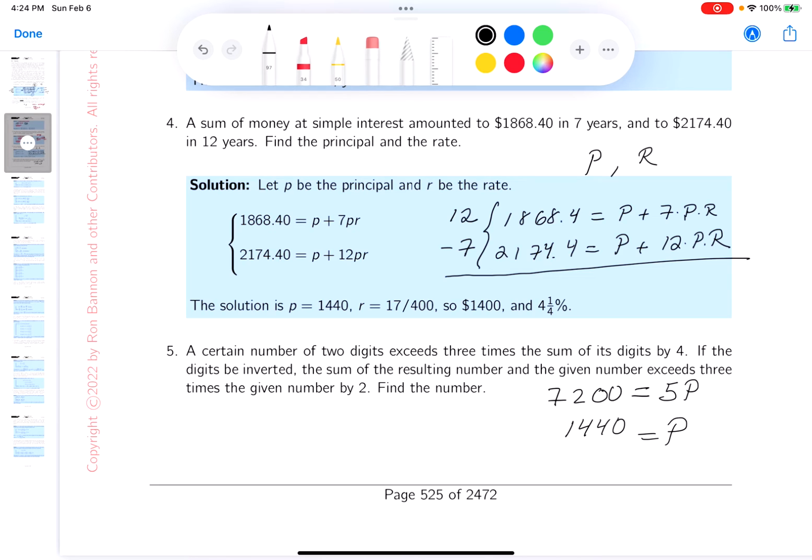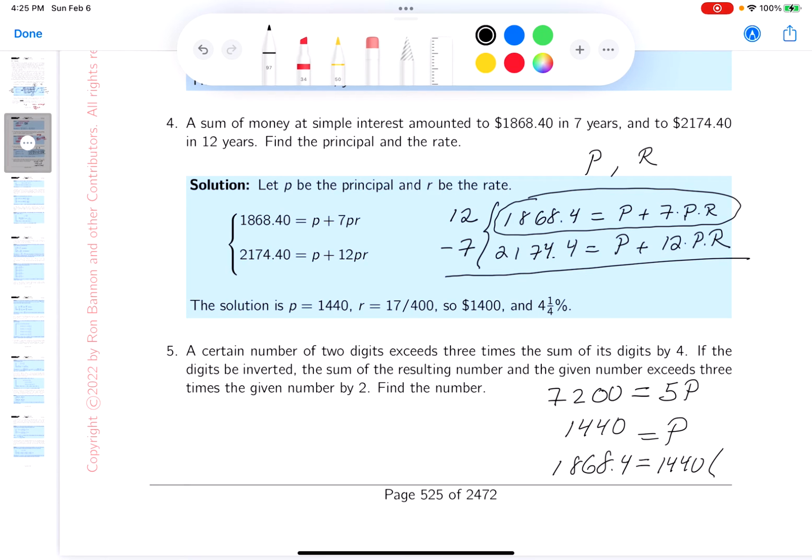Now the question is, how do you get the rate? Again, I'm going to use a calculator. You need to pick an equation, and I'm going to pick this one over here. You get 1868.4, and I'm going to factor the P out. The P is 1440, right?